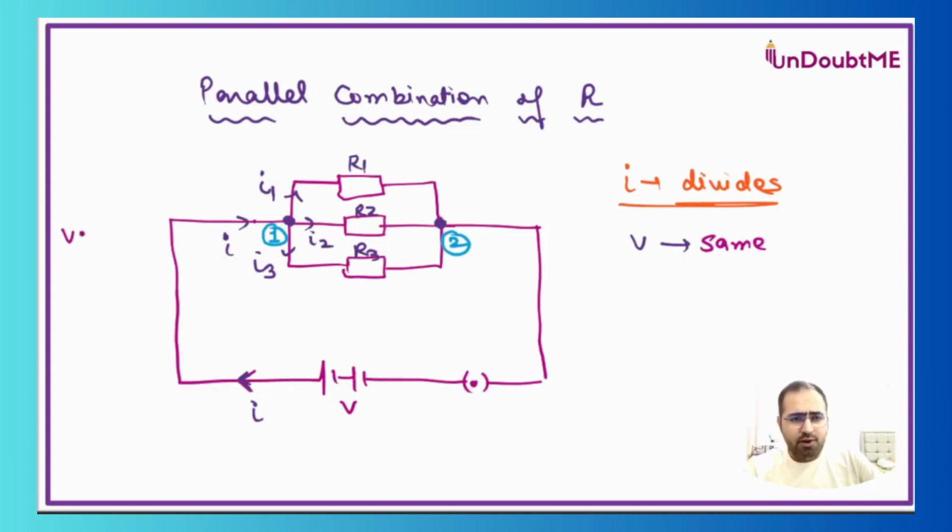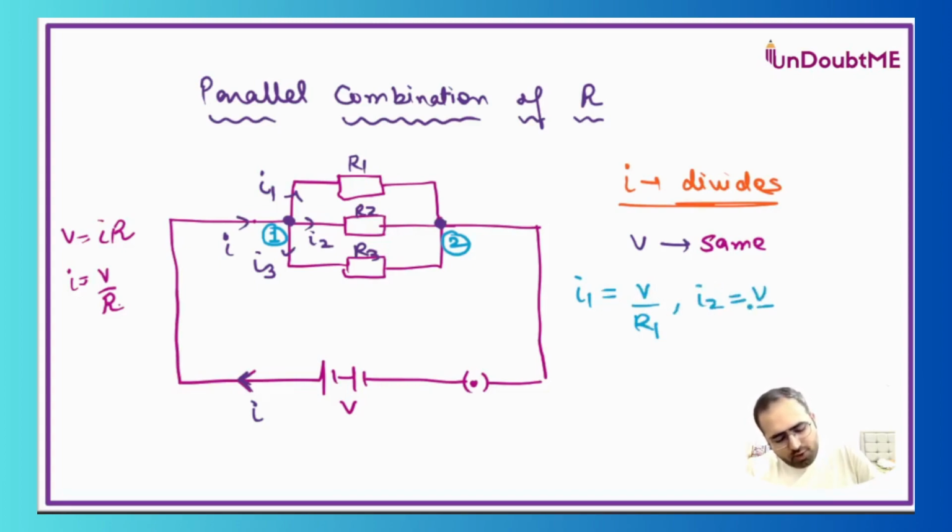We have the same formula, V is equal to IR, but this time current divides, so the voltage will be the same. So I can say that current is equal to V by R, and if I want to write the value of I1, then I1 is equal to V over R1. The value of I2 will be V over R2, while the value of I3 will be V over R3.